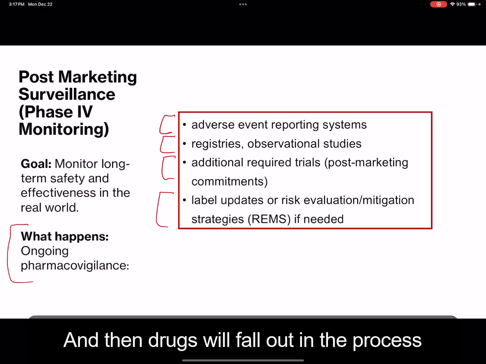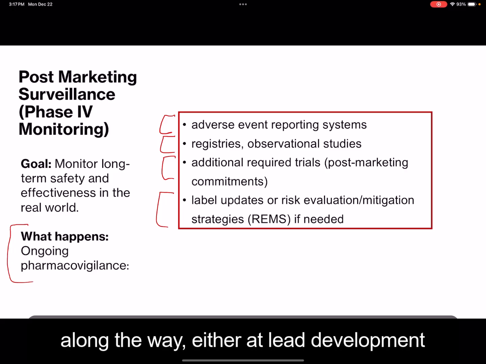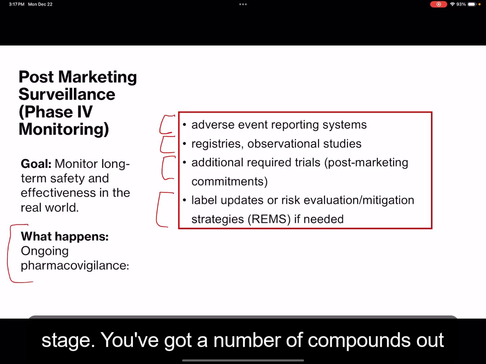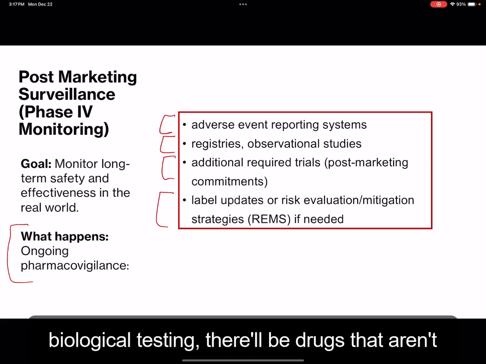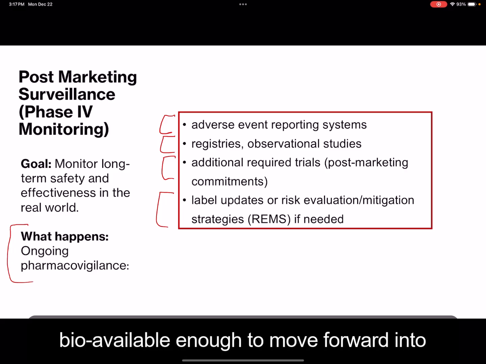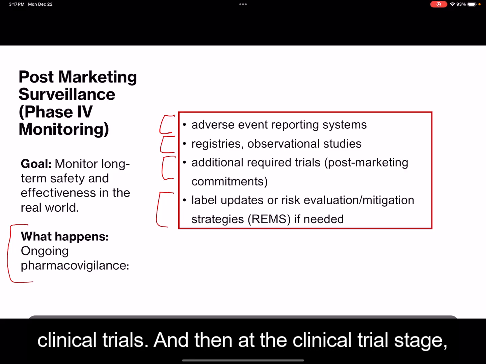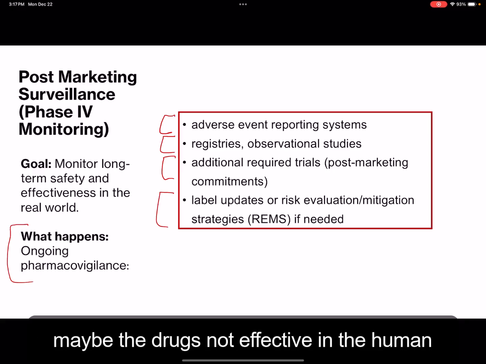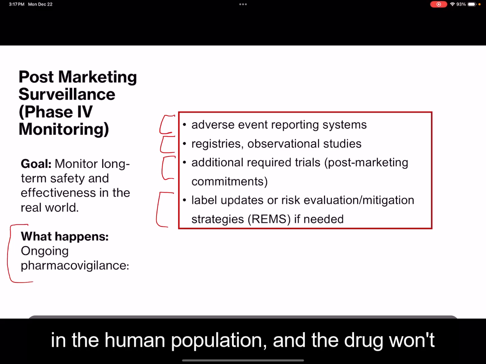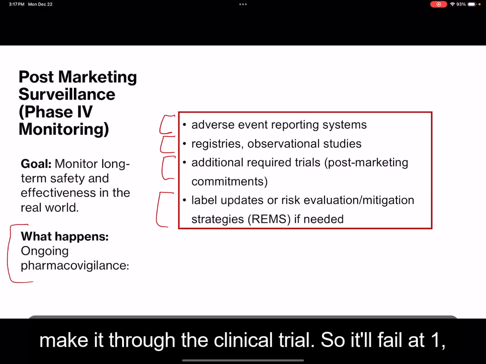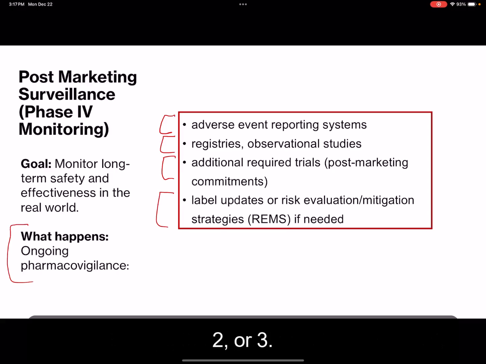And then drugs will fall out in the process along the way, either at the lead development stage, where you've got a number of compounds falling out, and then at each stage past that, with the biological testing, there'll be drugs that aren't bioavailable enough to move forward into clinical trials. And then at the clinical trial stage, maybe the drug's not effective in the human population, or maybe there's too much toxicity in the human population, and the drug won't make it through the clinical trials. It'll fail at phase 1, 2, or 3.